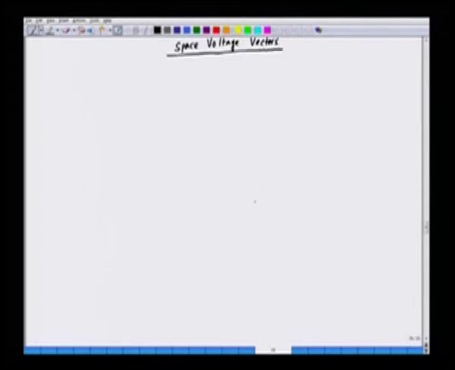So, we start with, let us say V1. Now, what is the meaning of this V1? So, we can call this V1F, the full voltage vector. Here we have plus, minus and minus.